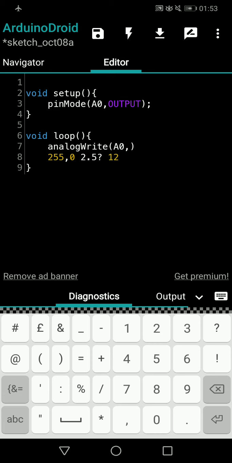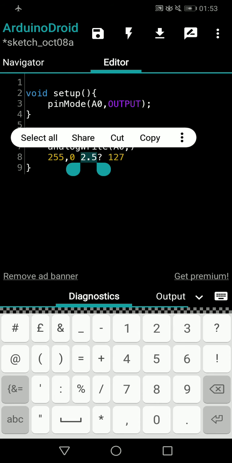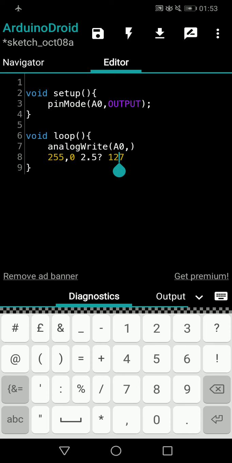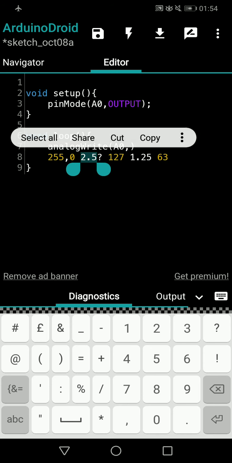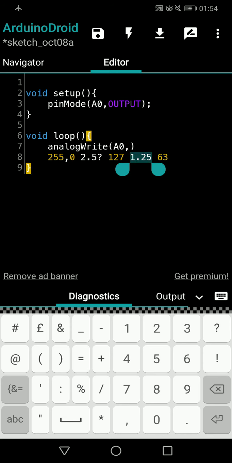So that is the 2.5 voltage, half of this 255. Understood? So if you want to give 1.25 voltage, that will be half of this 128 units. That means 64 units, and since it starts from 0, it will be 63. So you can see we can give 2.5 voltage output, 1.25 voltage output, and any intermediate output values.